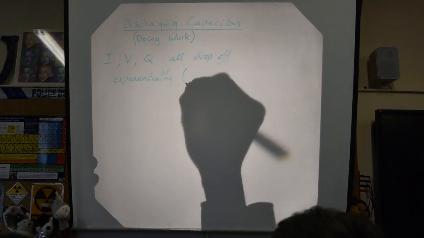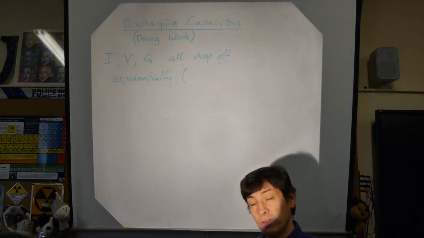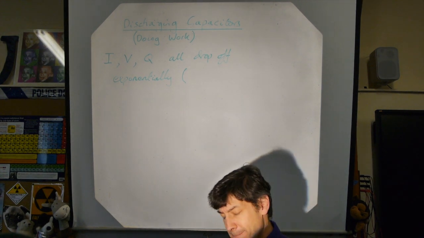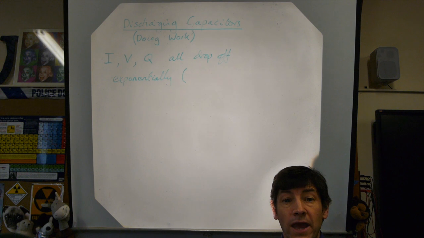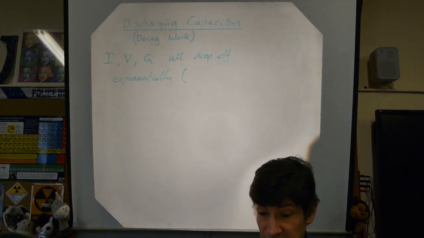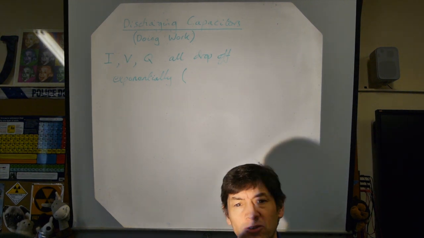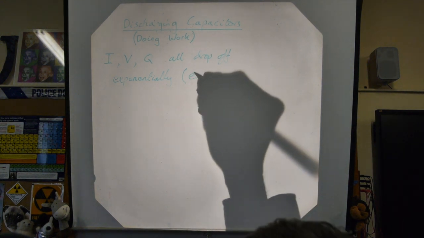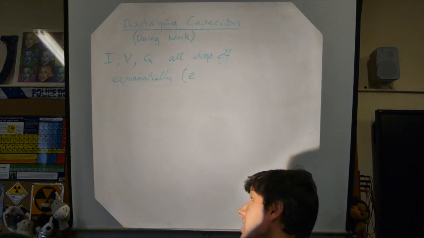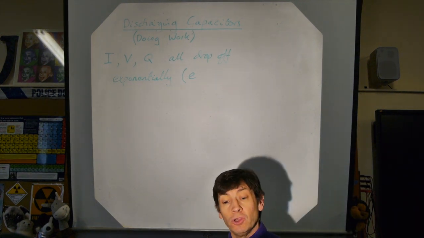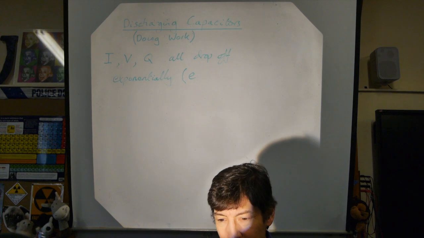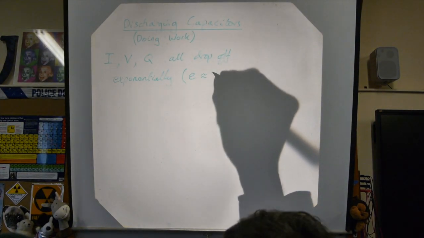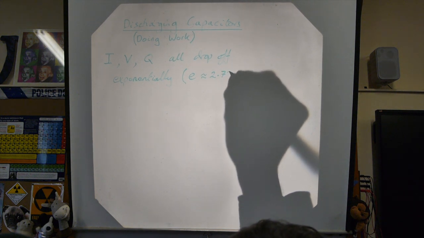If you remember exponentials, you've probably come across them in radioactivity with half-life and things like that, they are governed by specific numbers in physics. In this case the exponential decay is governed by e, the base of the natural logarithm. You might remember that the number e is approximately equal to 2.72.